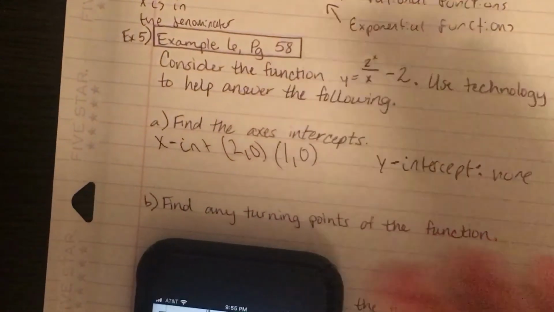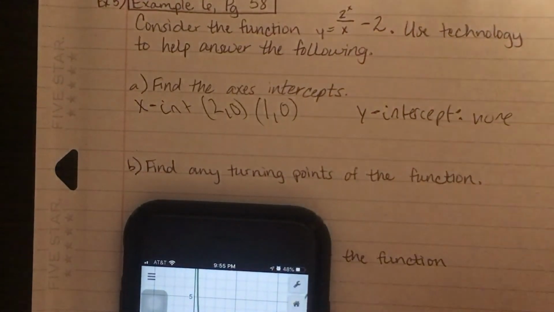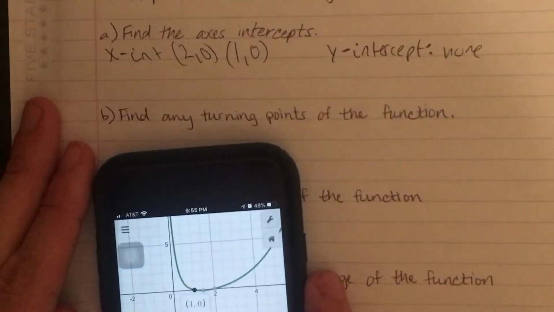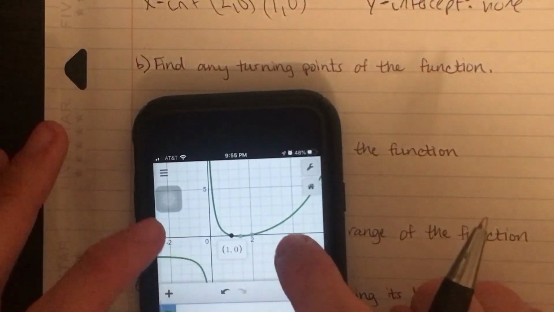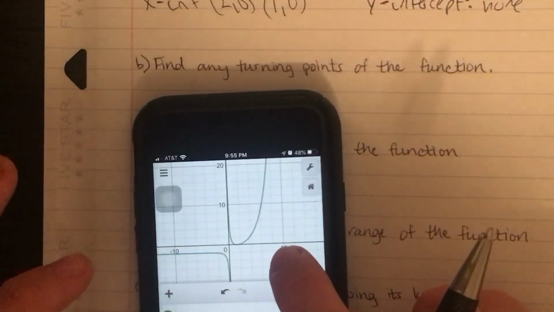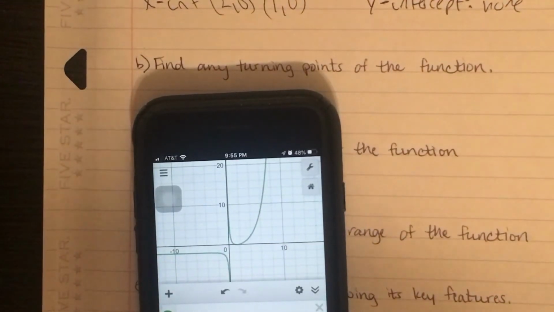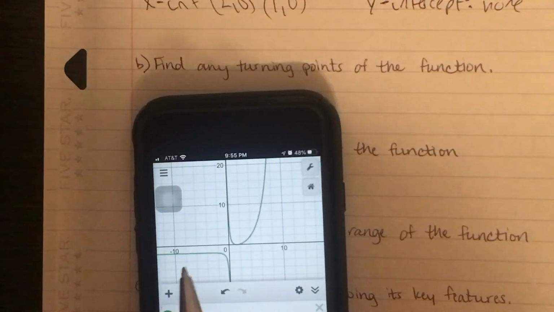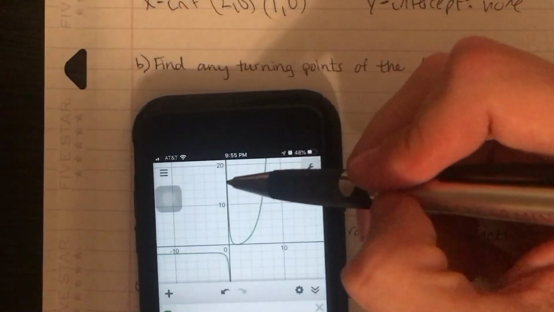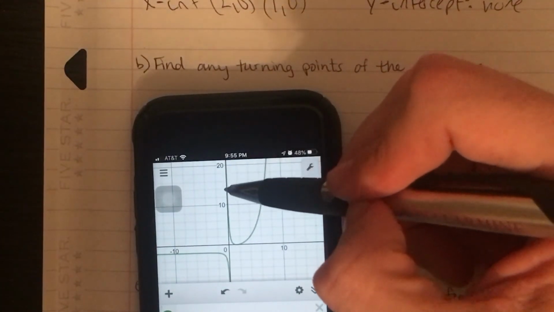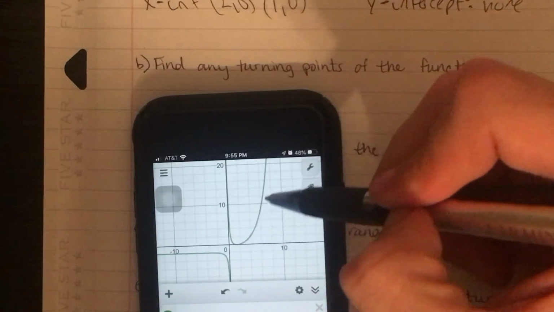Then the next thing that we want to say is, are there any turning points of this function right here? Is there anywhere on this graph that it changes directions? Because this one's kind of decreasing the entire time. It's just going down slow and then fast. Now this piece of the graph is going down and then it changes here.